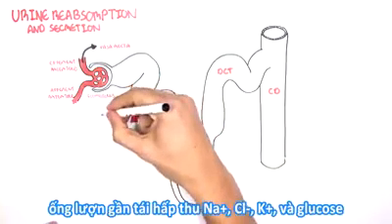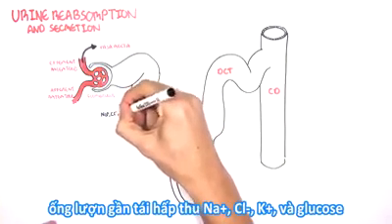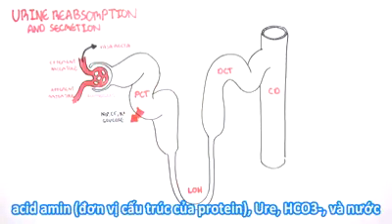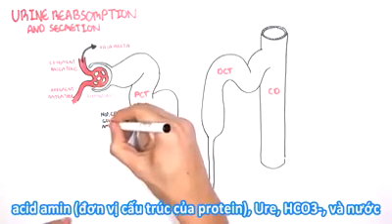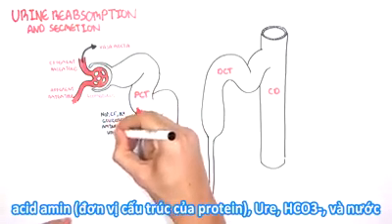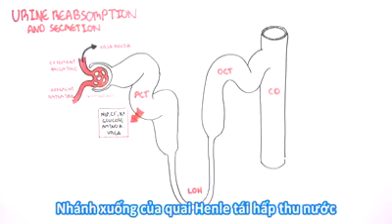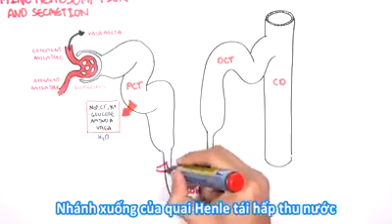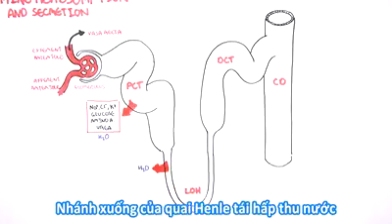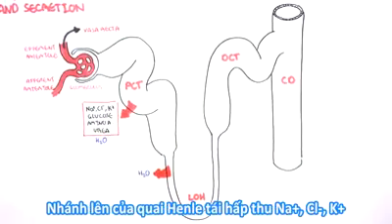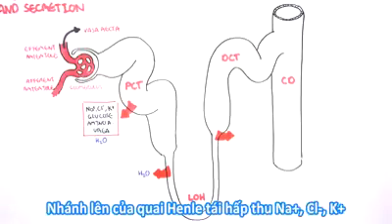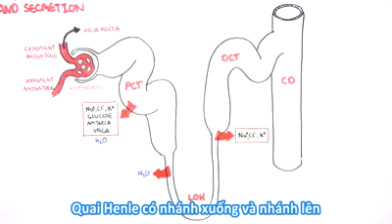Here you get reabsorption of sodium, chloride, potassium, glucose, amino acids, which are the protein building units, urea, and bicarbonate, as well as water, of course. In the descending limb of the loop of Henle, water reabsorption takes place. In the ascending limb, so the going up part, sodium, chloride, and potassium reabsorption occurs.